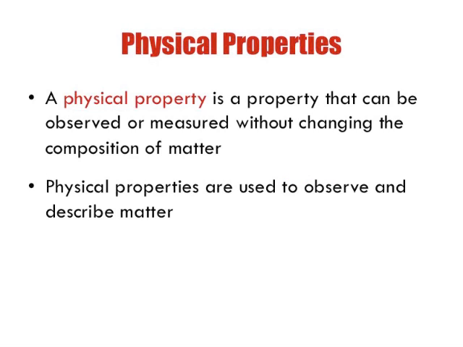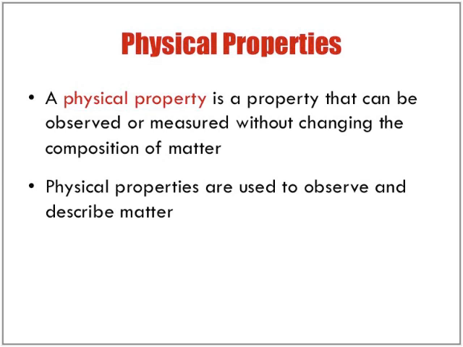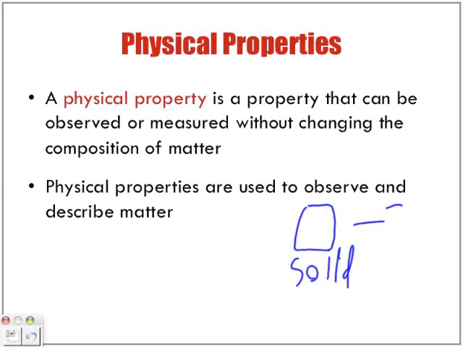A physical property is a property that can be observed or measured without changing the composition of the matter. For example, if I had ice, which is solid water, and heated it up to liquid water, it's still H2O.